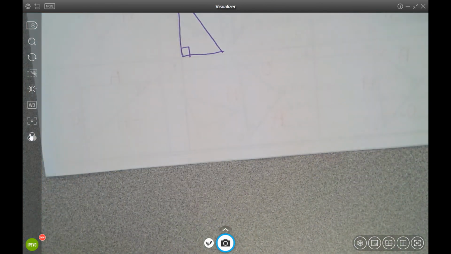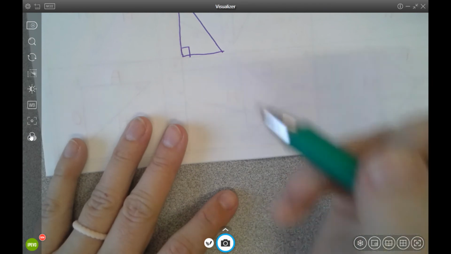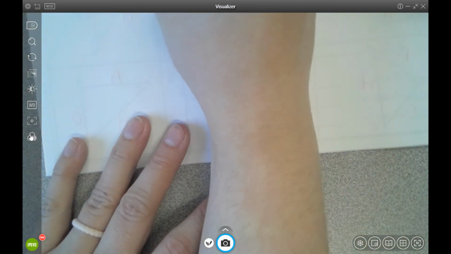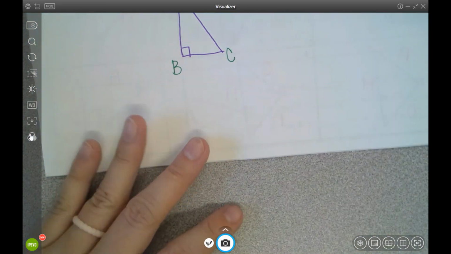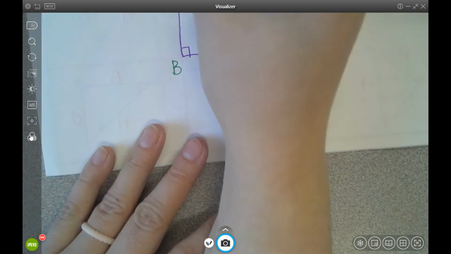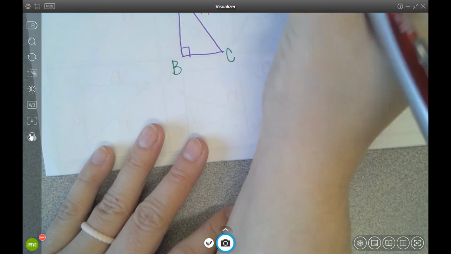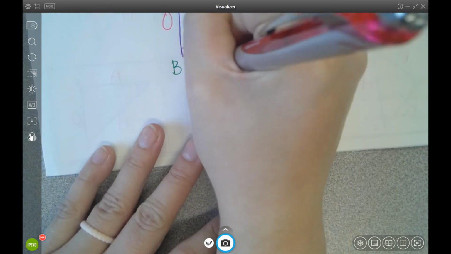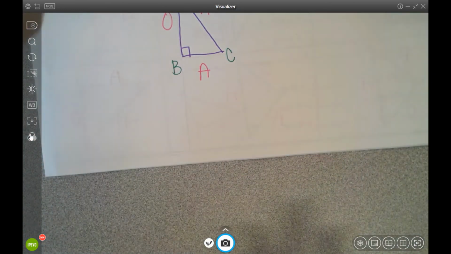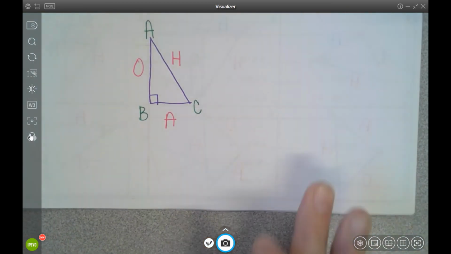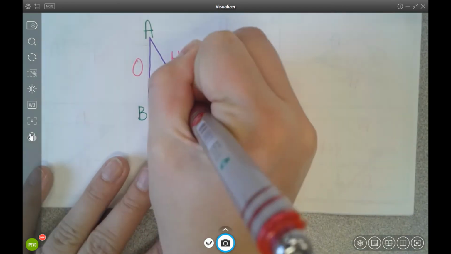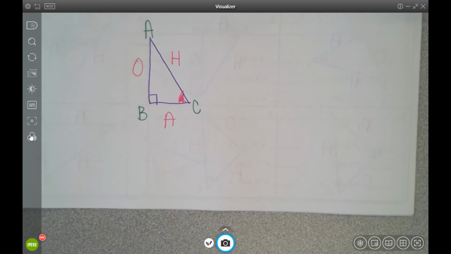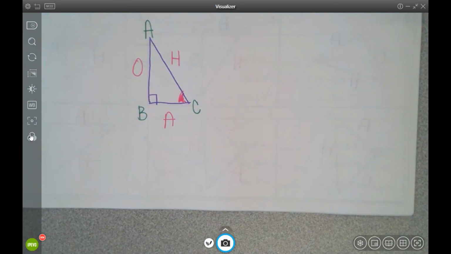If I label the sides, well, this is angle, let's just call this angle A, angle B, and angle C. And if I label the sides H, O, and A, which angle, oh, you can't see that, is my indicated angle? Which one would be marked with theta? Angle C. Because that one's across from the opposite side.